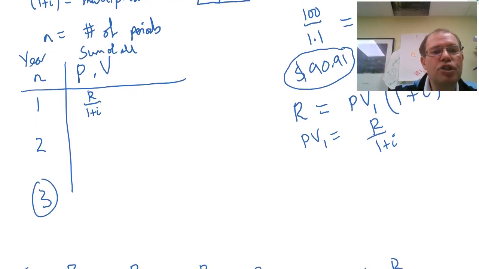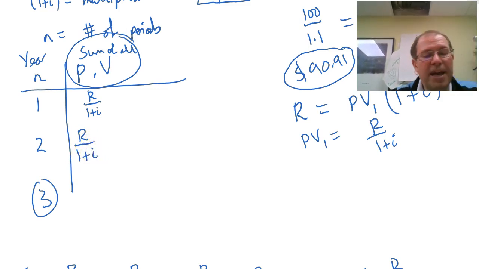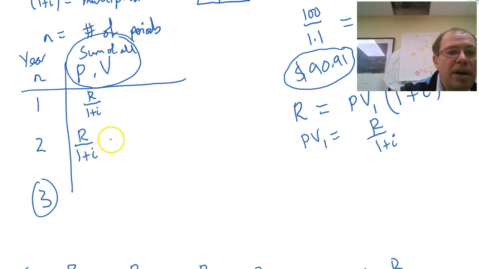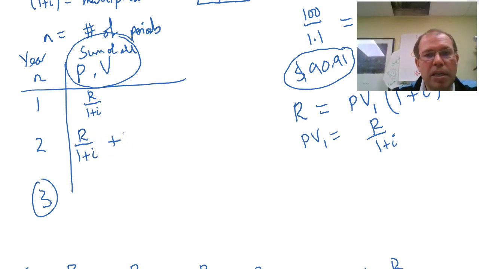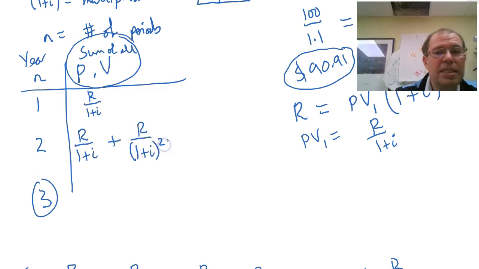Now if we go for 2 years, the sum of all present values will be, obviously, I've got the one from the first year still, that's cost me that much money, R over 1 plus i. But how much will it cost me from 2 years? It'll cost me less money, because I'll actually be compounding more. I'll be compounding not once, but twice. So I need to divide there by 1 plus i squared.